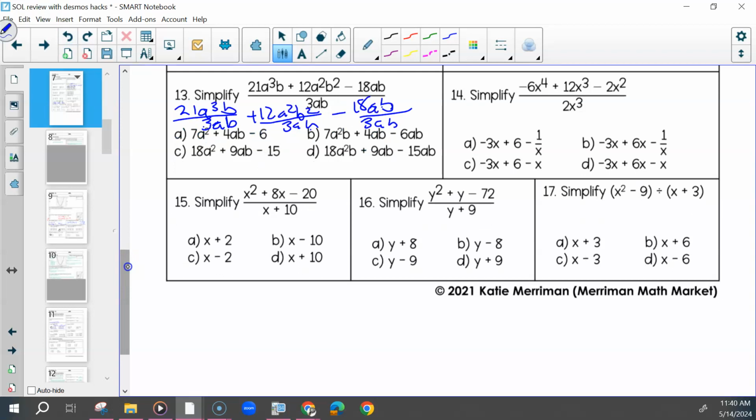If I started to divide them separately, 21 over 3 is going to give me 7, so it gets rid of C and D. And then this would be a squared, we're subtracting the exponents. The b's would completely cancel. The only one that has 7a squared by itself is A, so I wouldn't even have to do one.